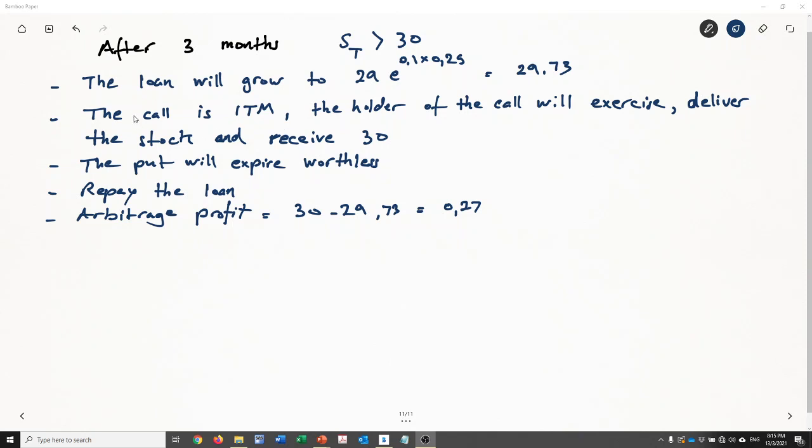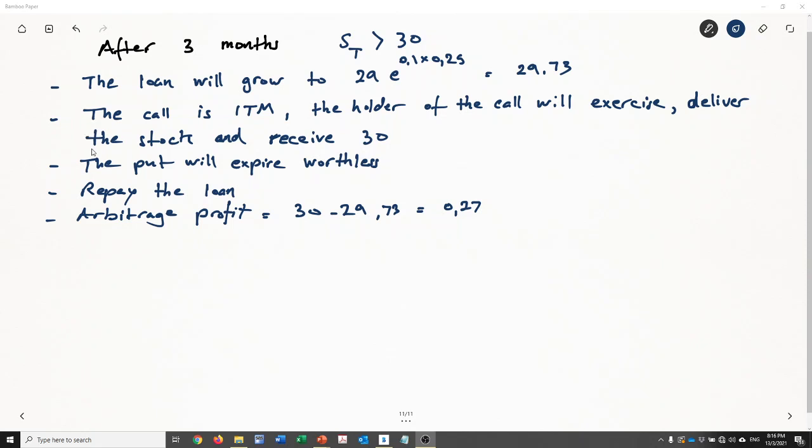And remember that I took a short position in the call option, so I have the obligation to execute the transaction. The holder of the call will exercise because it is in his best interest. So I will deliver the stock to him and I will receive 30.